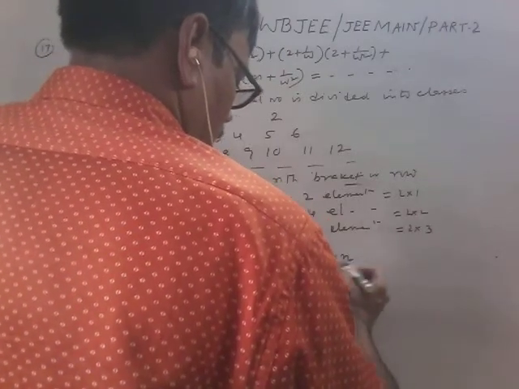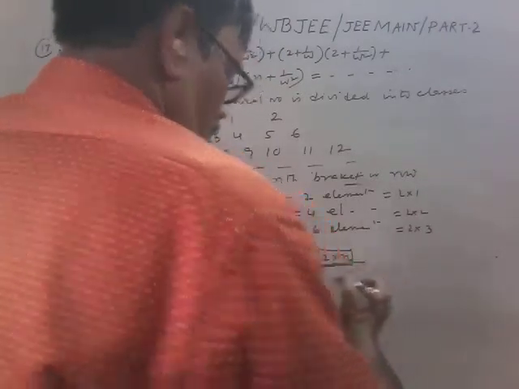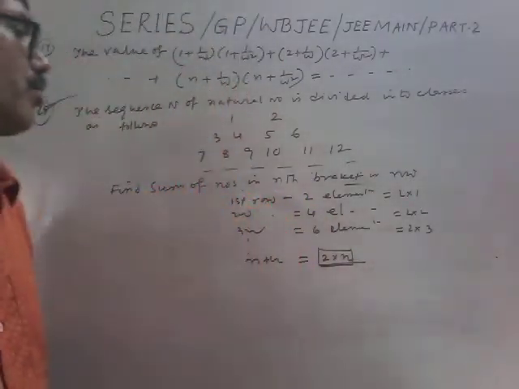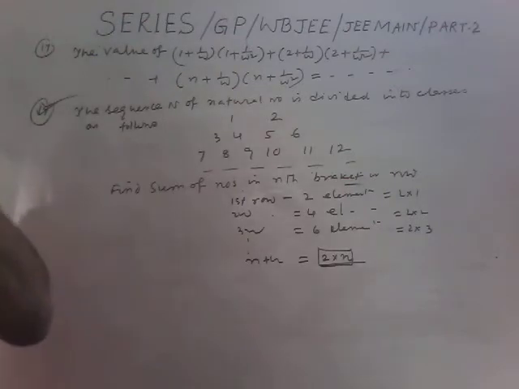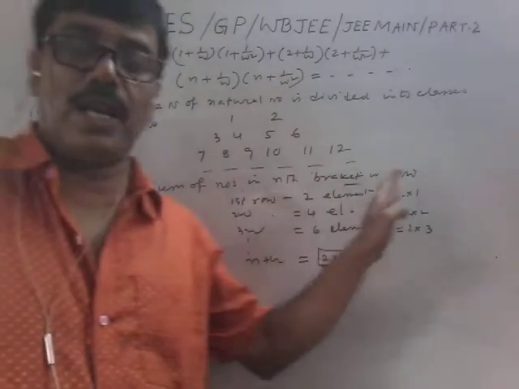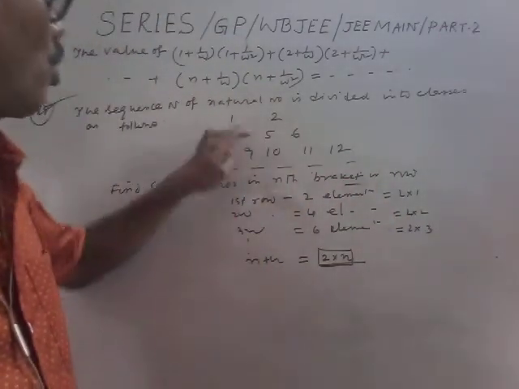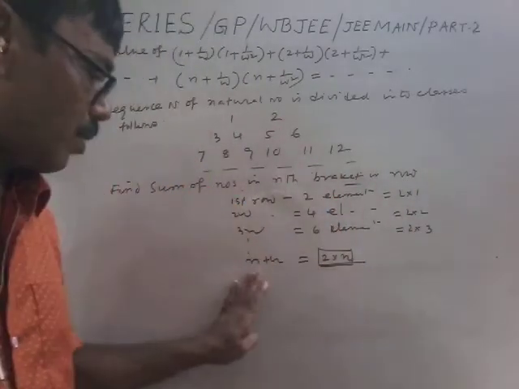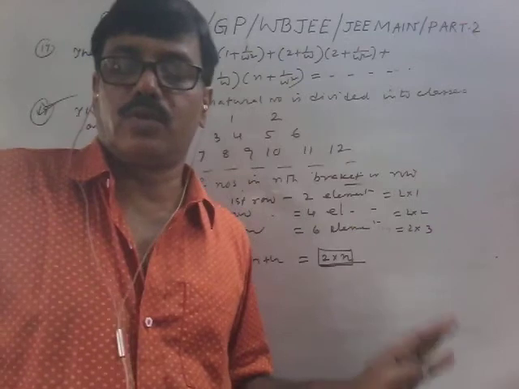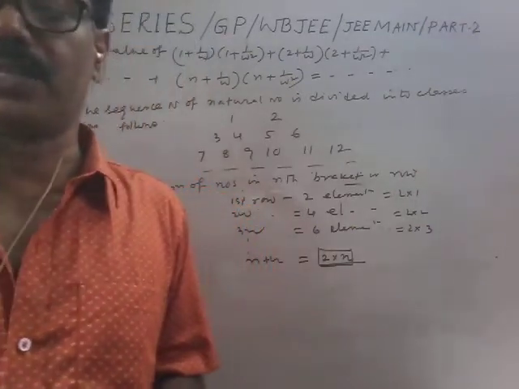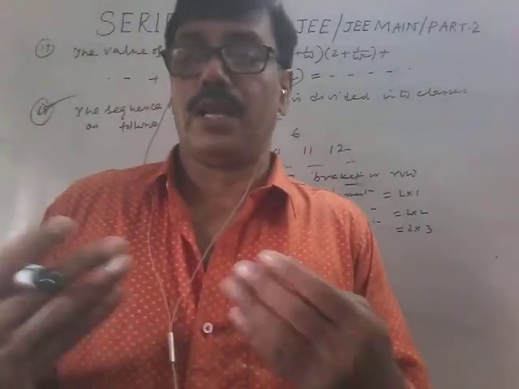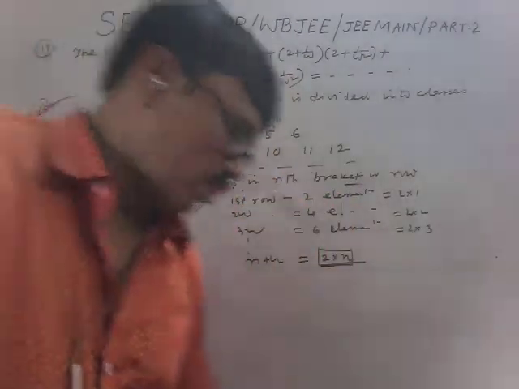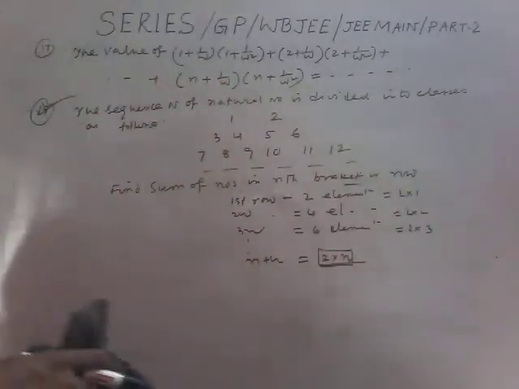So 2n elements. So the nth row contains 2n elements. Now we have to find the sum of the numbers in the nth bracket. Look, common difference is 1, it is obvious. So number of terms is 2n. So we need only the first term of the nth bracket. We have to find this one. So what is the first term of the nth bracket?